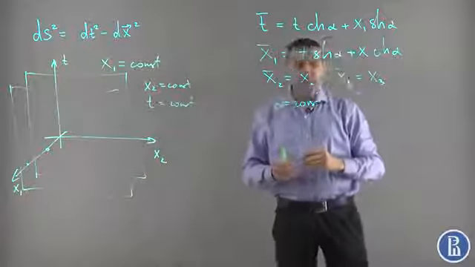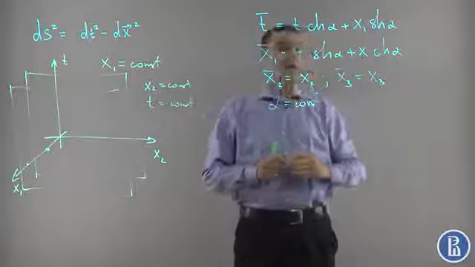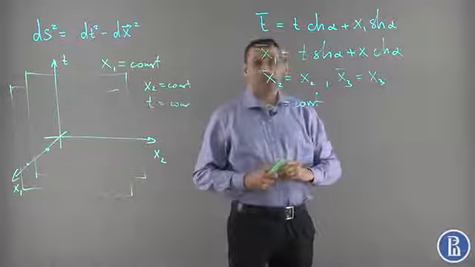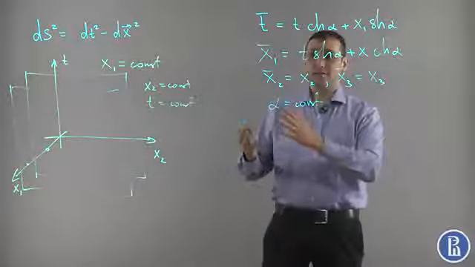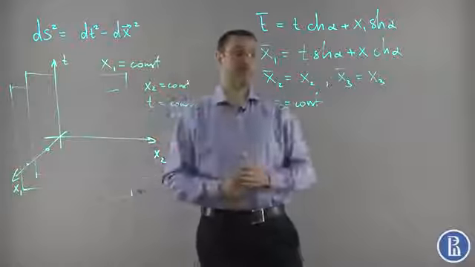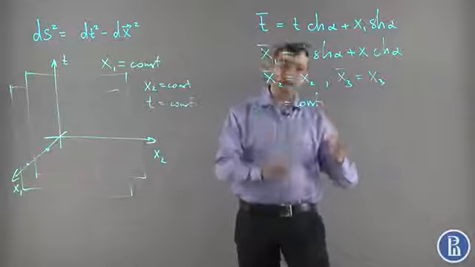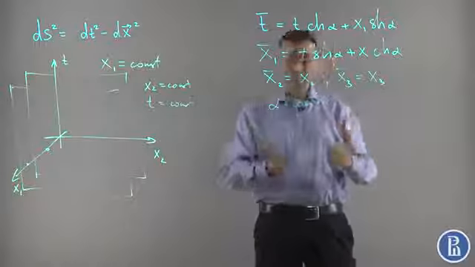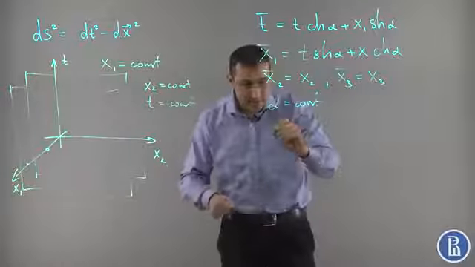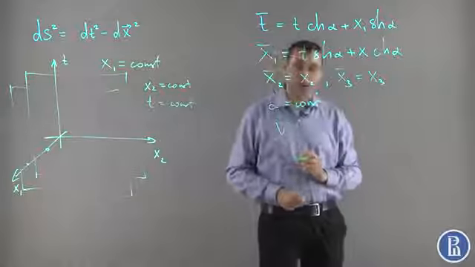The physical meaning of this transformation is that it takes us from one inertial reference system to another inertial reference system, and the second inertial system moves with velocity v with respect to the initial one.